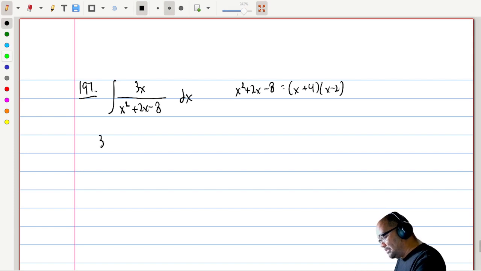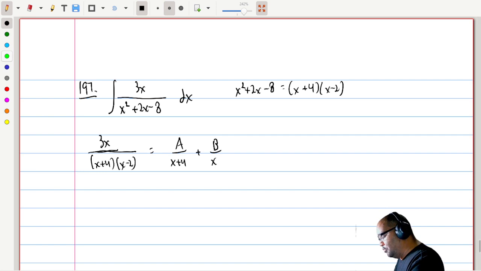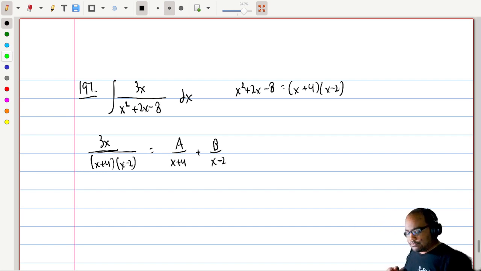So the goal is to write this as, since I have distinct linear factors, a number over x plus 4 plus a number over x minus 2. And from there, the integral is easy.